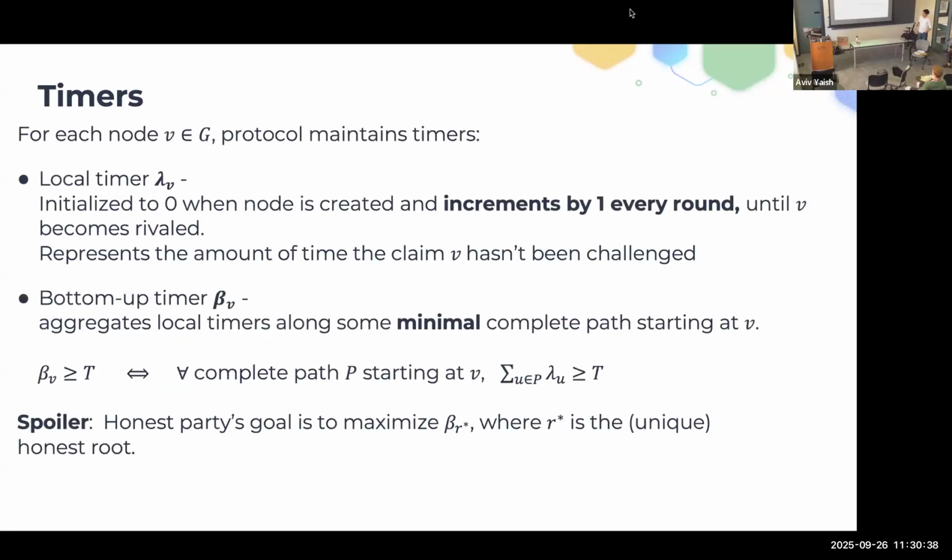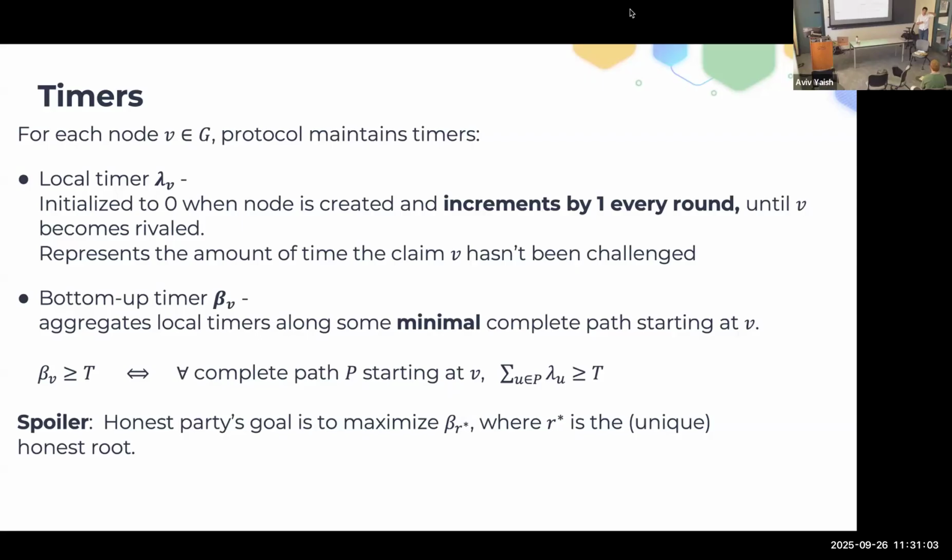Now about timers. For each node, the protocol maintains two types of timers. There's the local timer, lambda v, which is initialized to 0 when the node is created. And it increments by 1 in every round. You can think of a round here as a block, an L1 block.